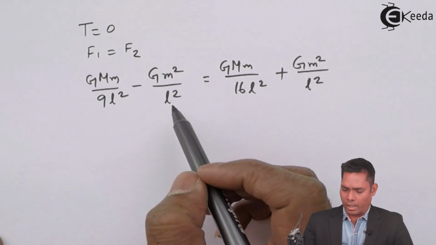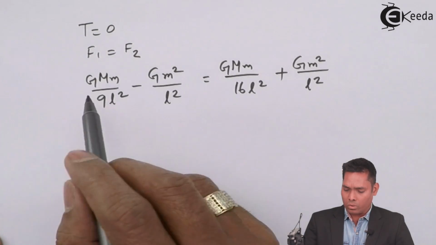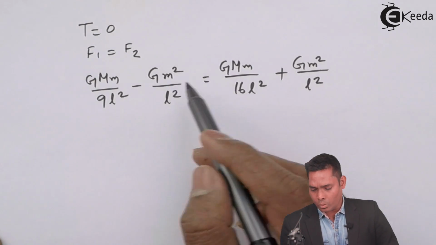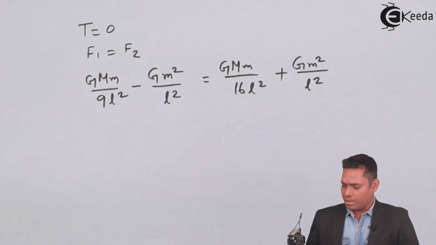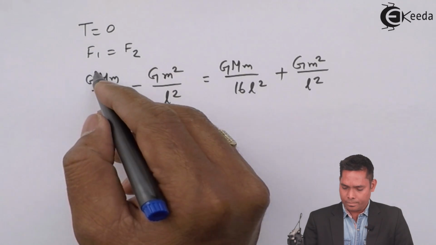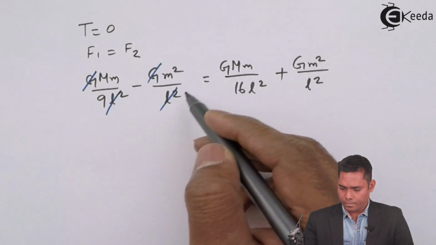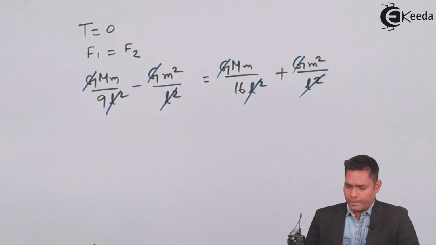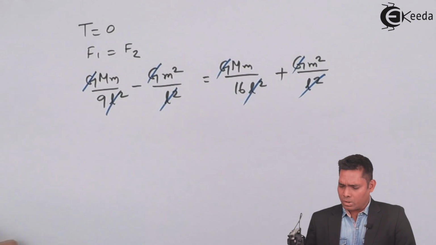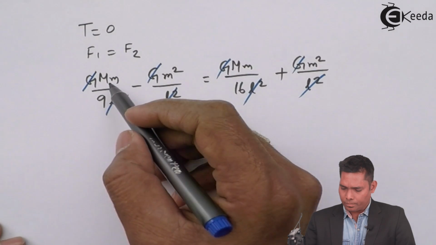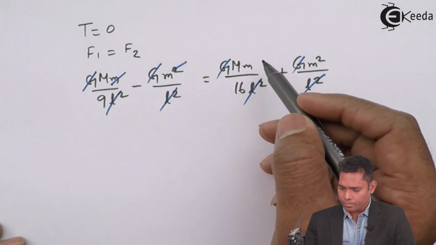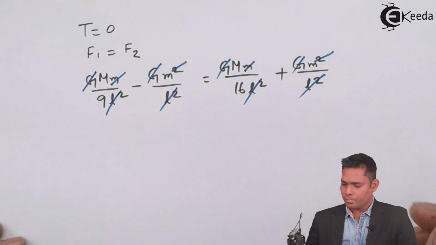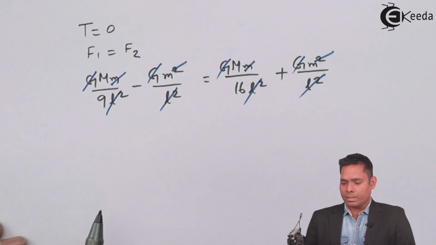So this G and L square will cancel out from both sides of the equations. I'll cancel G and L square. Then I can cancel one small m also. Now what is left?